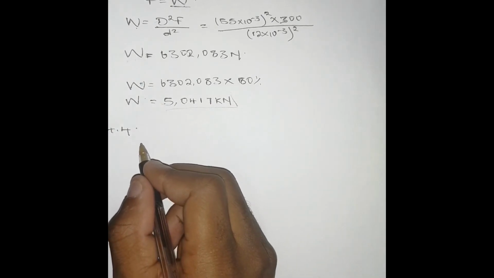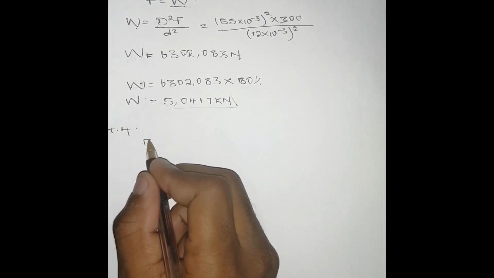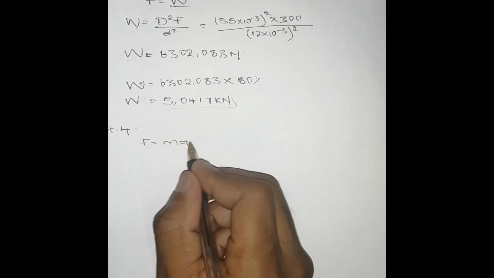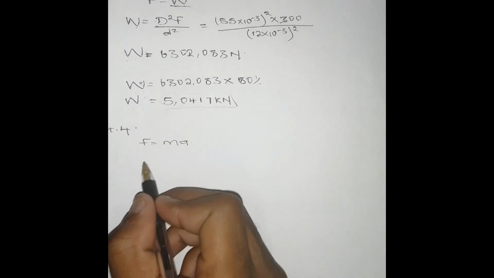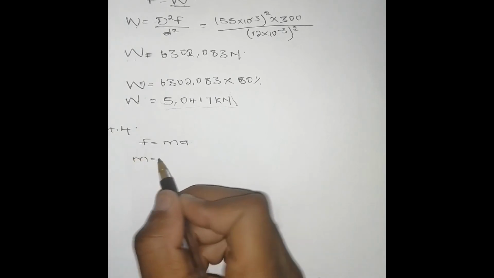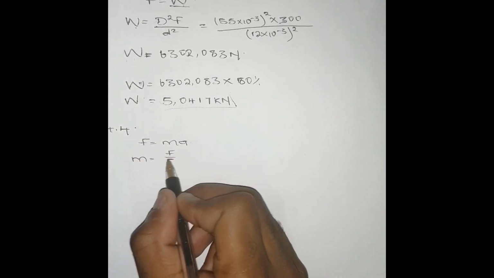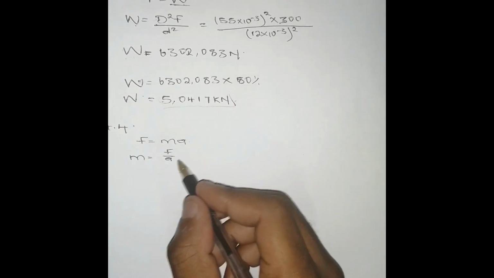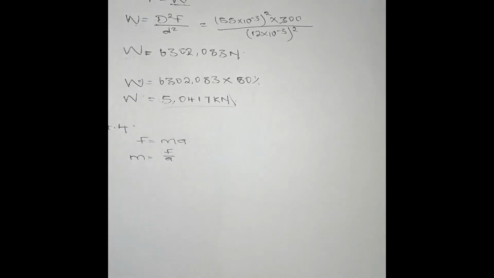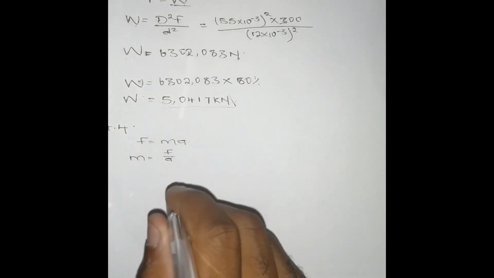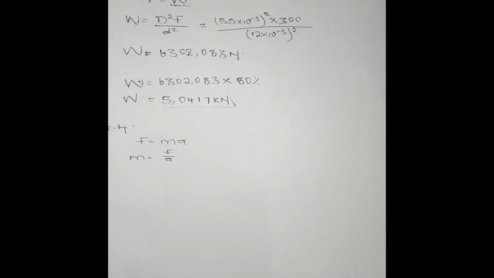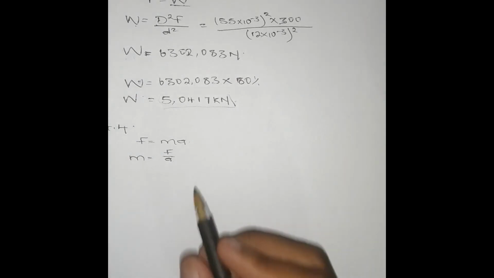We're going to say force equals mass times acceleration, and then our mass equals force over acceleration. We've got our force here and our acceleration, since the weight is acting vertically downwards, and it's only gravitational acceleration that's acting on it.